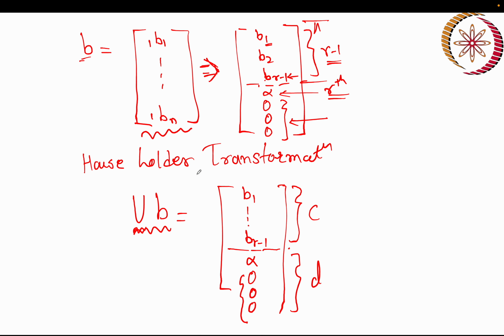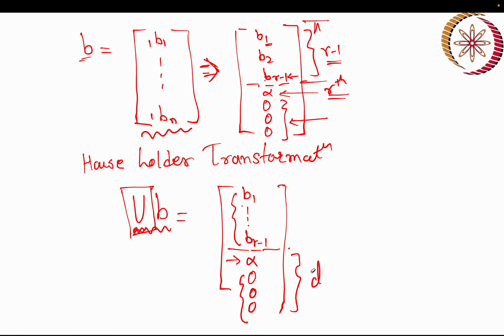So to do this transformation we are using this householder matrix U, and the terms in this U matrix we want to find out. If we multiply U into B, we will get these terms as they are, this has some alpha value, and the lower terms below that are 0.